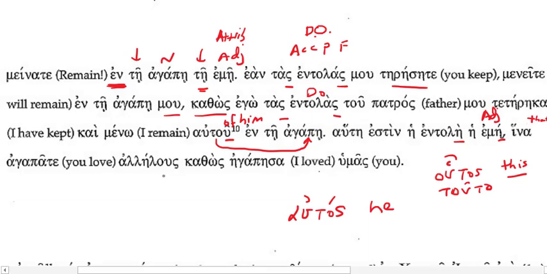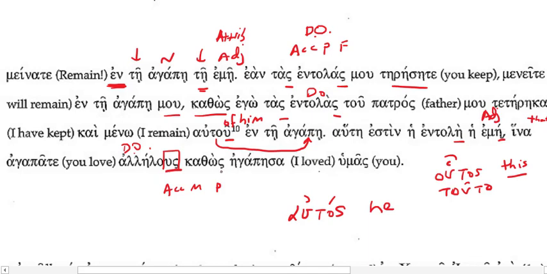And what form of allēlous is this? You see the ous case ending? Accusative. Yep, masculine and plural, right? So that you love, direct object, object of the loving, that you love one another. Plural one another, right? Always plural one another. That you love one another.